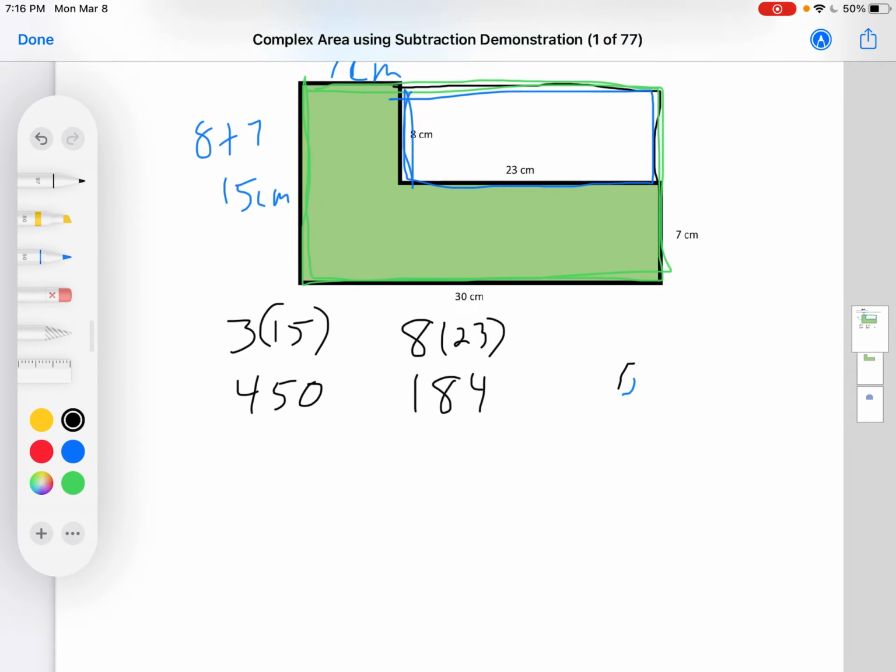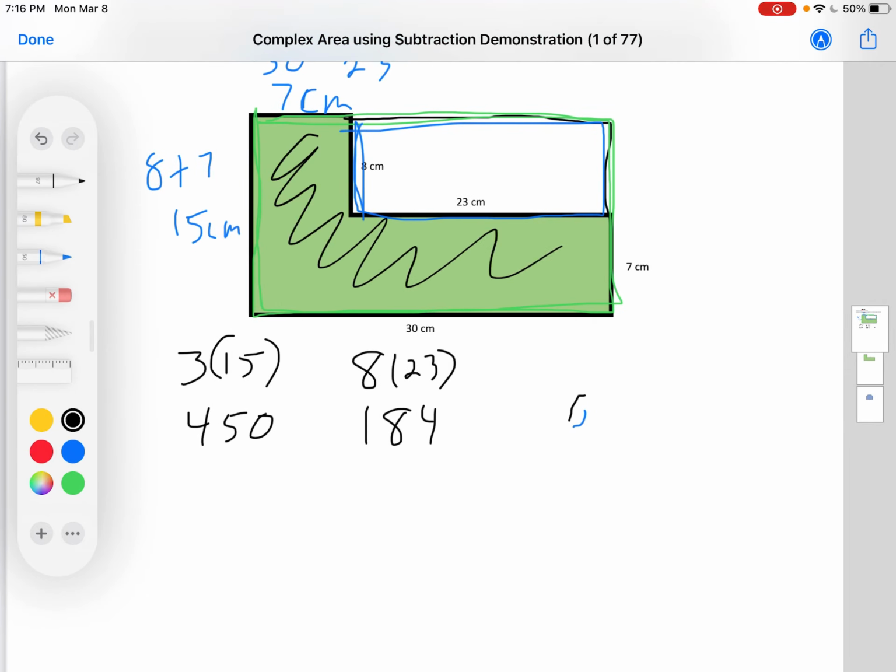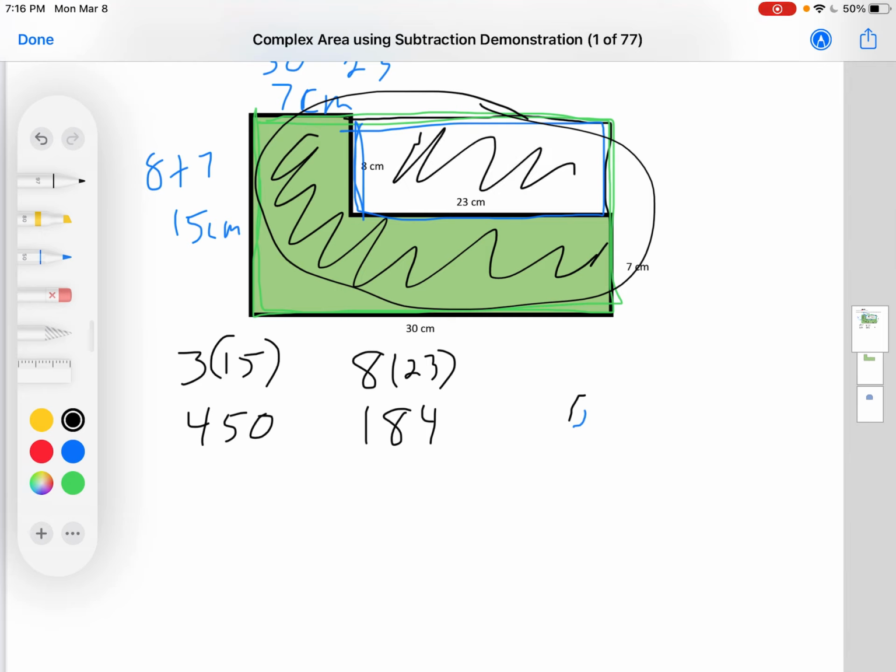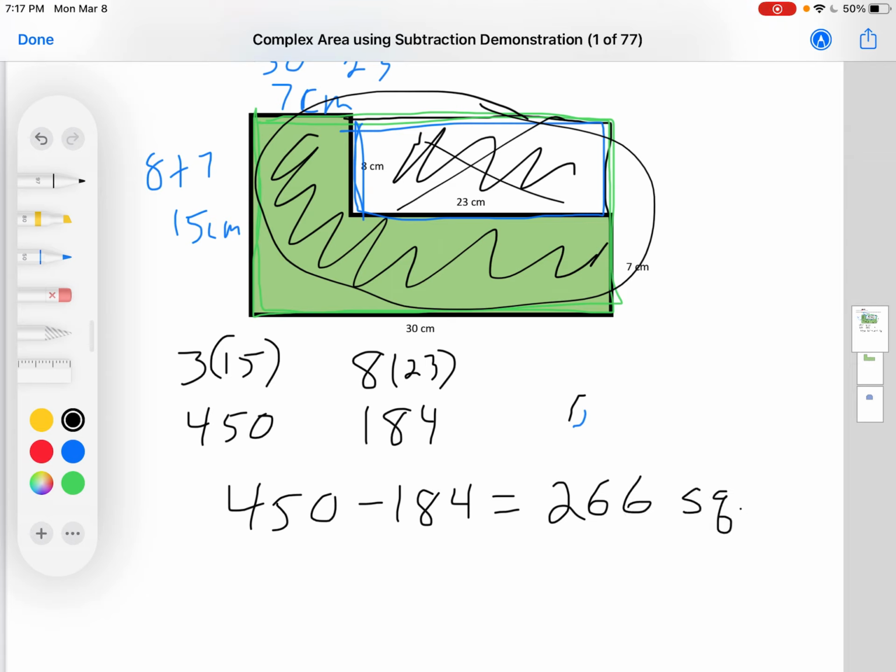To find the value of just this part, we do the whole thing minus this part. So 450 minus 184 is equal to 266 square centimeters.